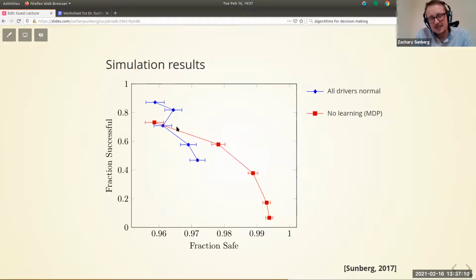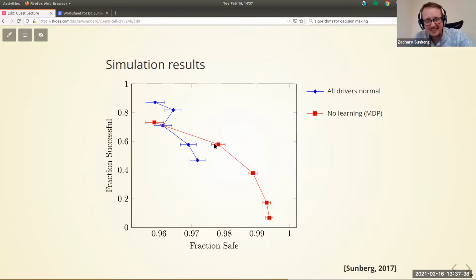Now, the other thing we could do is have an MDP where, again, we're not considering the internal states of individual cars, but instead we're learning from data and saying that at any time step, any car could have the internal states of an aggressive driver or a timid driver, changing with equal probability at every time step.